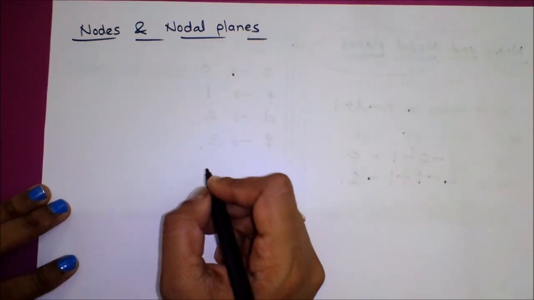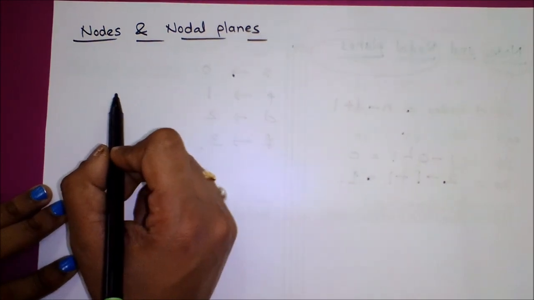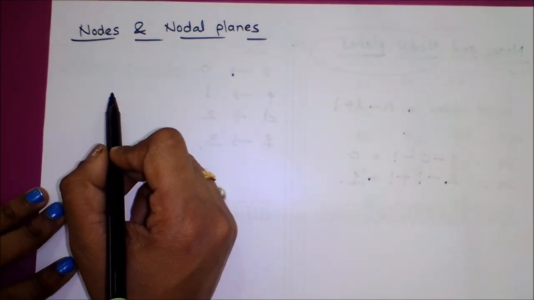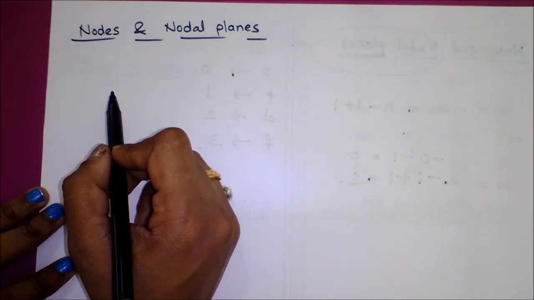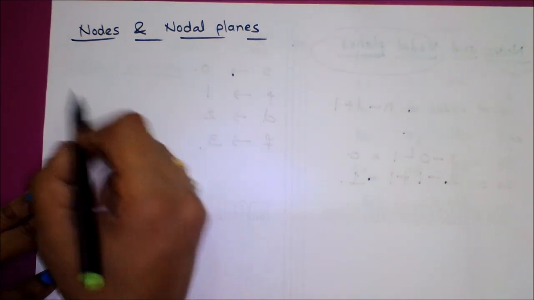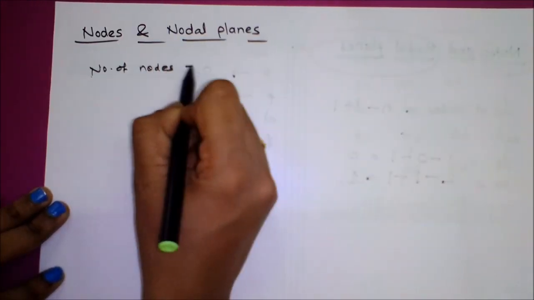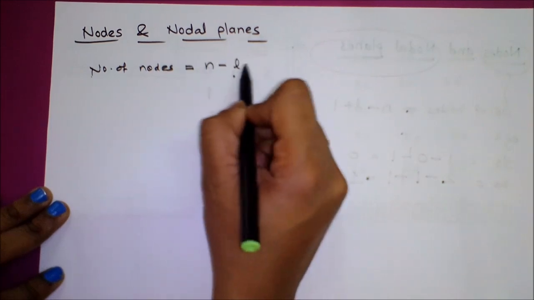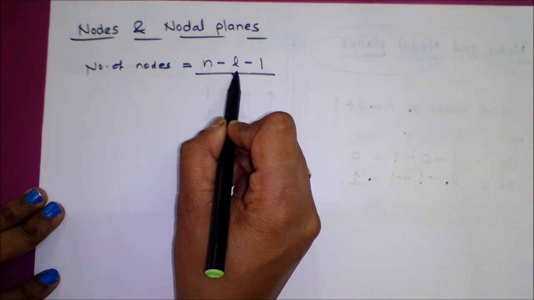Now we'll be talking about the nodes and the nodal planes. When I'm talking about the nodes, these are the positions where the radial wave function passes through 0, or the probability of finding the electron at that point is 0. The number of nodes we calculate is n minus L minus 1. n is the principal quantum number, L is the azimuthal quantum number.